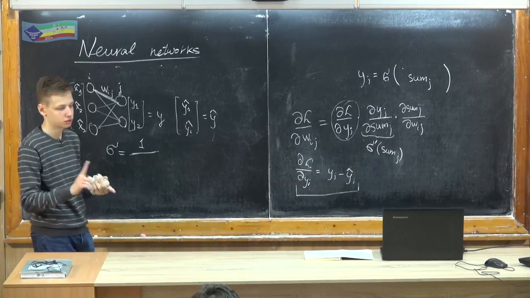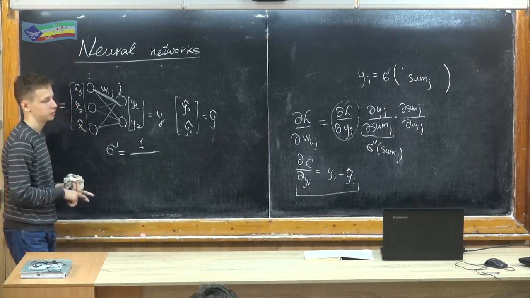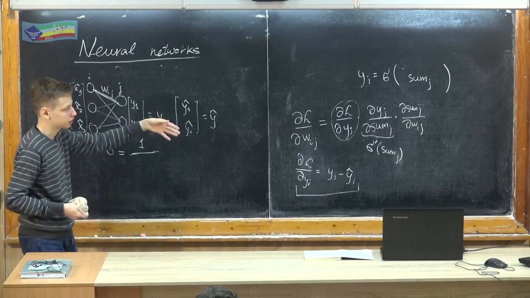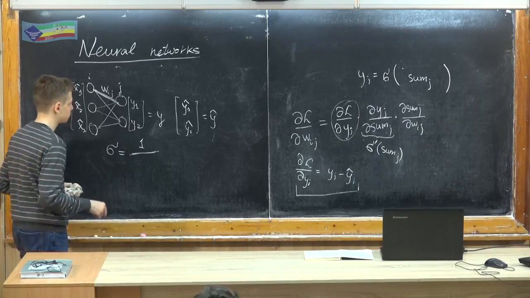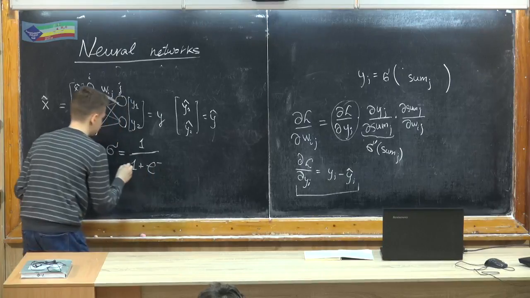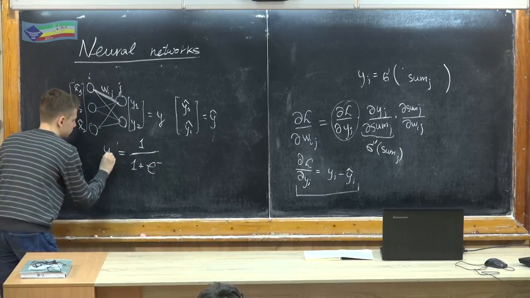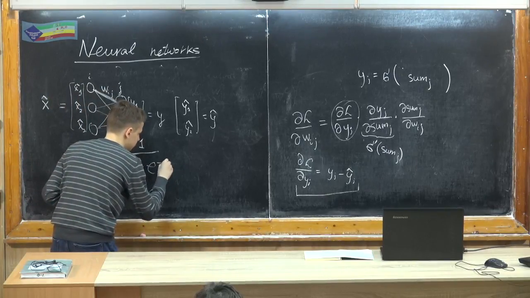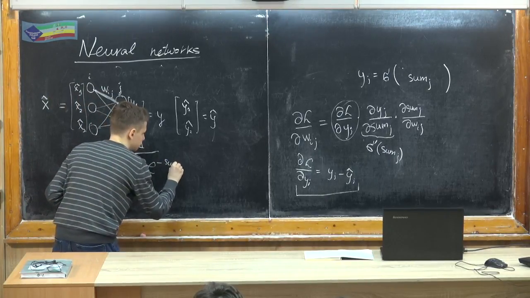You can still use it with tanh, with ReLU, but you need to think yourself and do the same calculations with different activation functions. So yj is just equal to 1 over 1 plus e to the power of minus sum j.